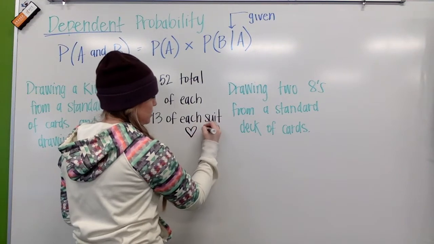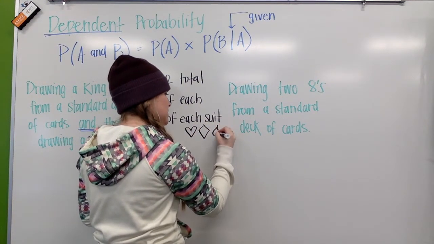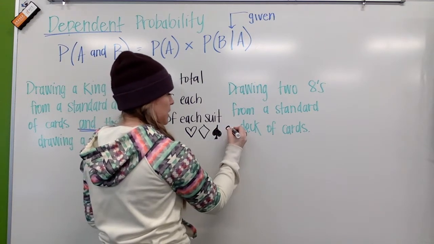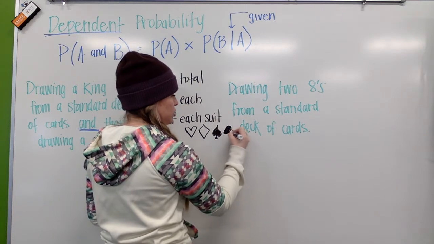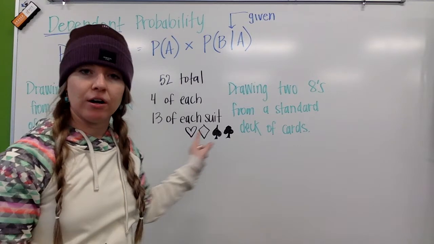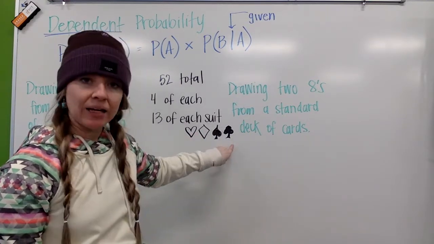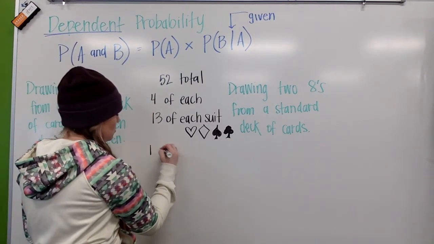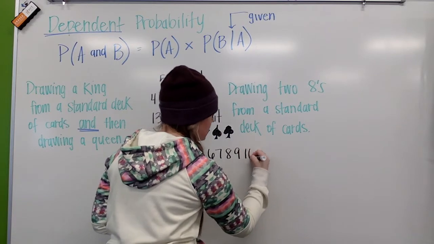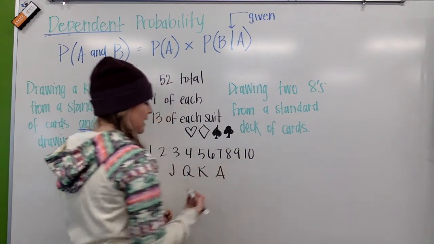So you have hearts, diamonds, a spade looks something like this, okay? And a club, some people joke and call it a puppy foot. Looks something like this. So there's 13 of each of them. These 2 are red, these 2 are black. And then you have the numbers 2, 3, 4, 5, 6, 7, 8, 9, 10, and then you have jacks, queens, kings, and aces.